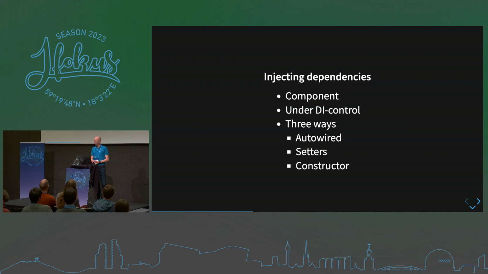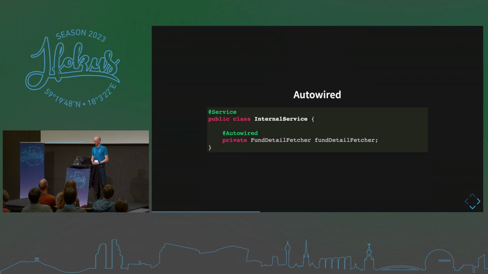And then there are 3 ways, maybe more, but 3 ways that we've used of identifying for the dependency injection framework that this interface needs to be implemented. The easiest is to just use autowired. You annotate an instance variable with autowired, and when the service is instantiated, Spring Boot will automatically fill it in with an implementation that matches.